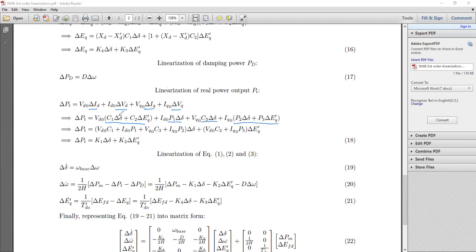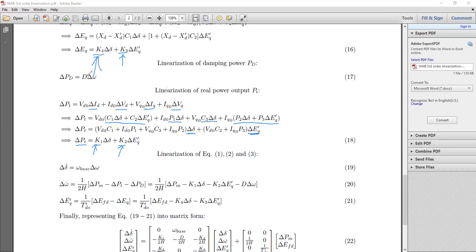Again, you will see that we only have two state variables there. One is del delta, another one is del EQ dash. So you just group the variables. And ultimately you find that del PT is again K1 del delta plus K2 del EQ prime. So this K1, K2, K3, and K4 in the literature, they are known as simply K constants. Okay, K constants for a single machine infinite bus system.